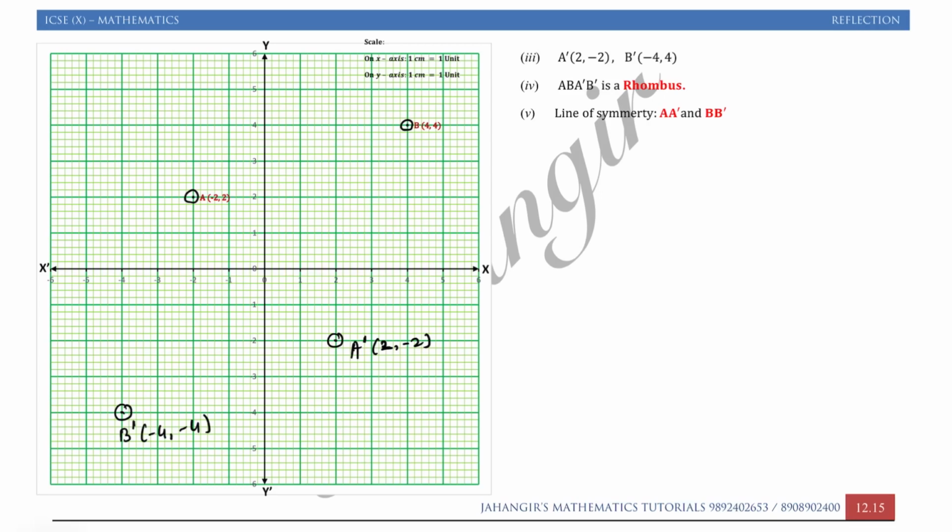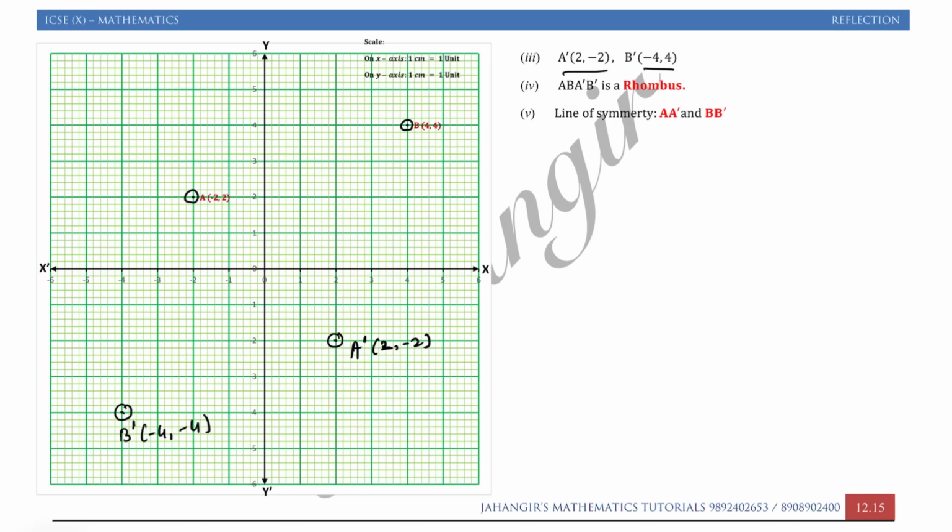This is the second question. Reflect A dash and B dash in the origin to get A double dash and B double dash respectively. Now the third question's answer you have to write in your answer sheet or in your notebook. That is, write down the coordinates of A dash and B dash. You have to write it on the graph paper as well as in the notebook.